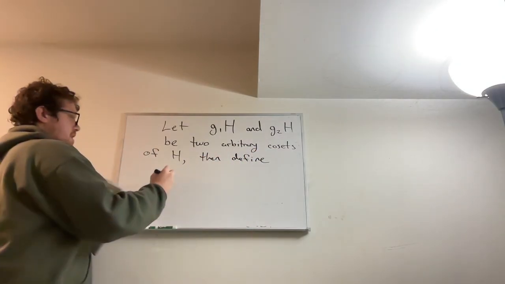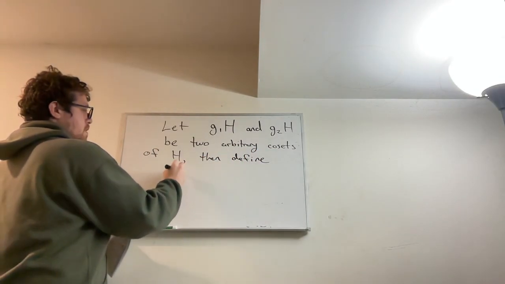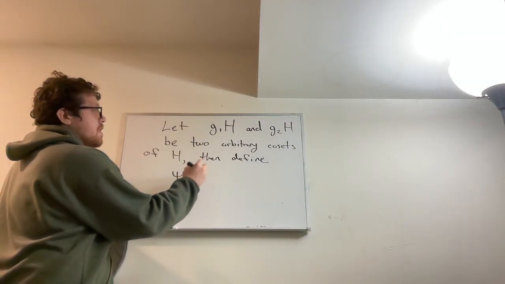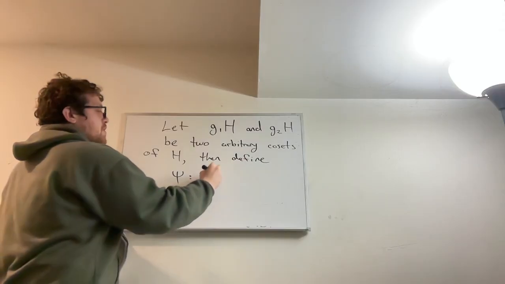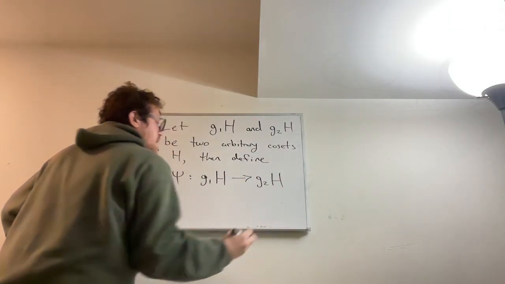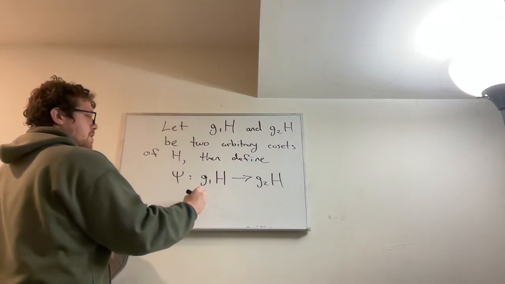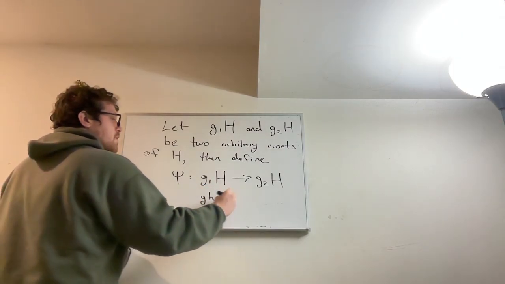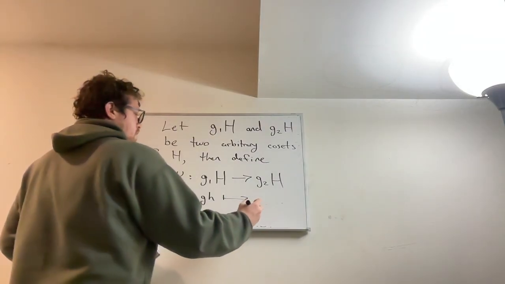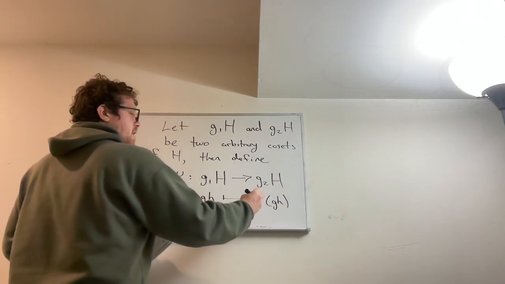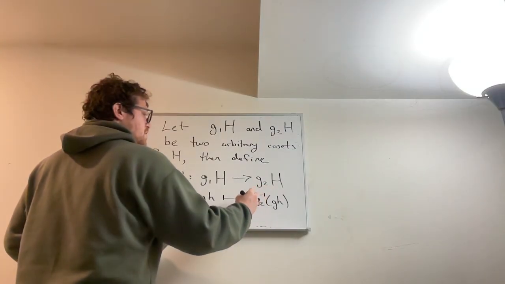We're going to define a map, call it psi, which takes every element of G1H and sends it to G2H. I'm going to send gH to left multiplication by G2 inverse G1.